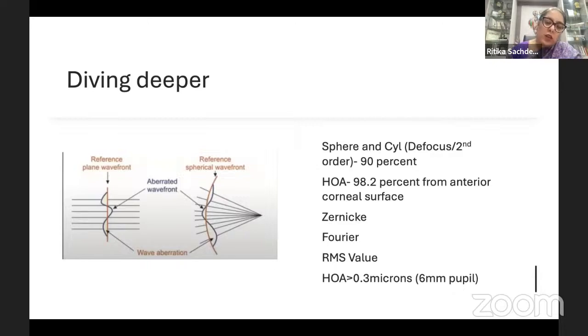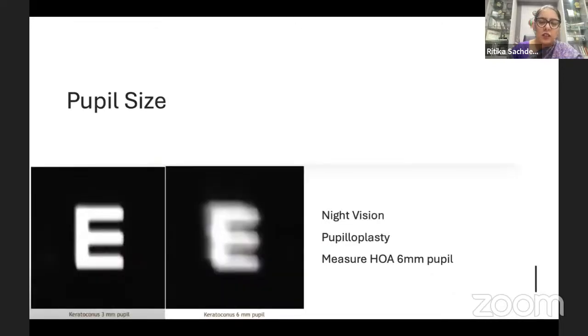Classically, whenever higher order aberrations are mentioned, they are mentioned at 6 mm of pupil because it is relevant as regards the optical zone, as the pupillary size, as well as the IOL optic size. So 6 mm is something that is used very significantly. As you can see here, the aberrations have increased significantly at 6 mm.